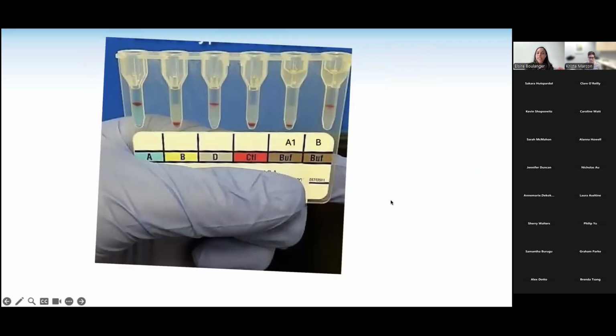And for the last case that we have here, what will be the blood group and type of this patient? And now we can share the results. A positive. So we are very clear with this case. It's a typical A positive.